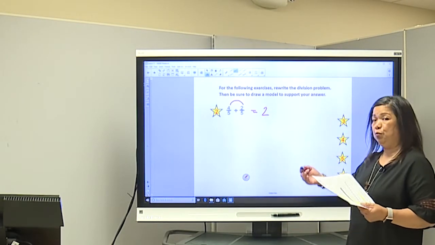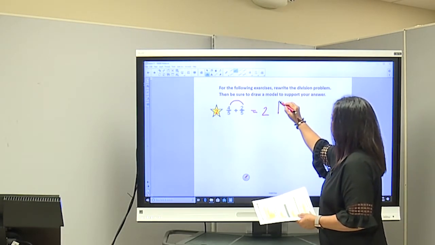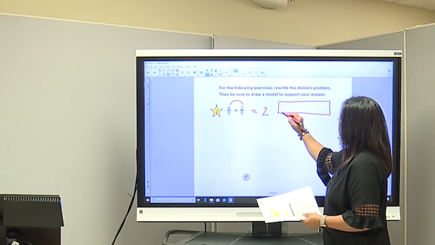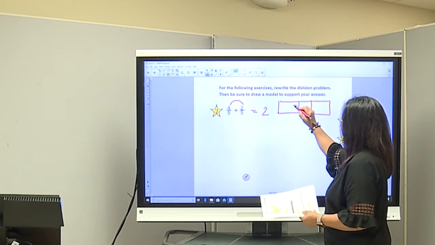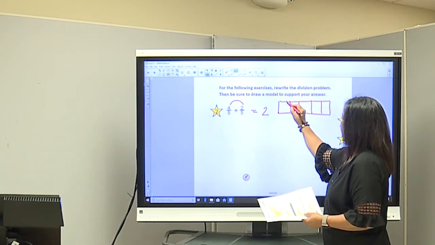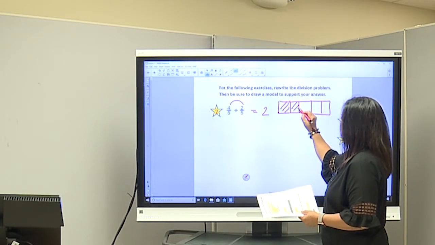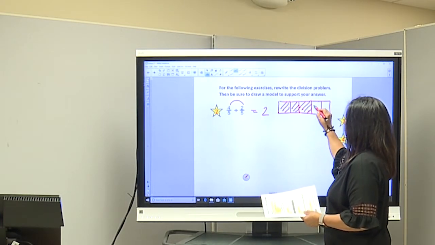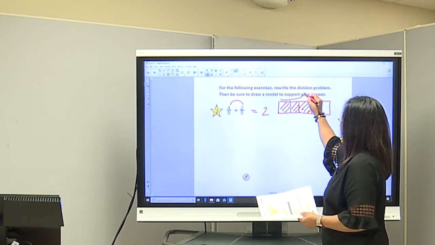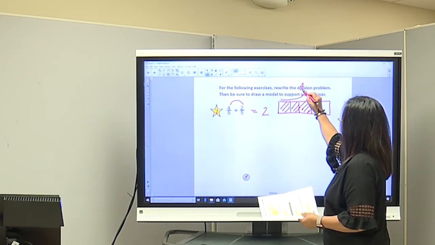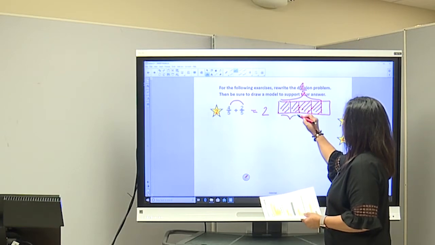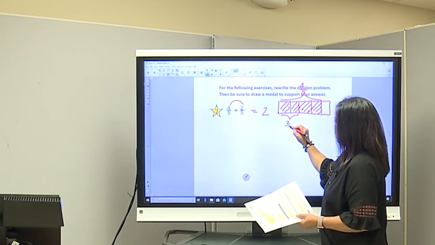Now, if you want to prove it, you can use a model. I got fifths and I need 1, 2, 3, 4. This represents your 4/5. You want to group it into 2/5 in each group.